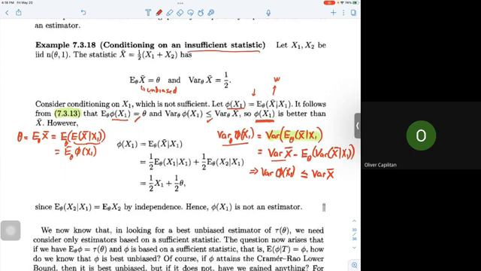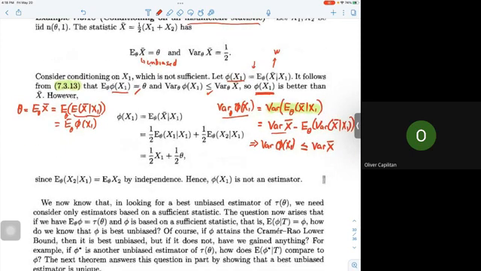Phi of X1 is better than the sample mean, but let us check if phi of X1 is indeed an estimator or not.